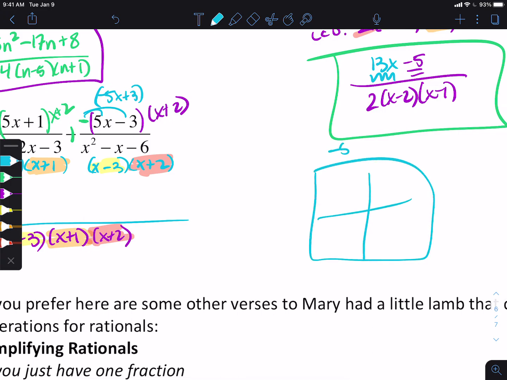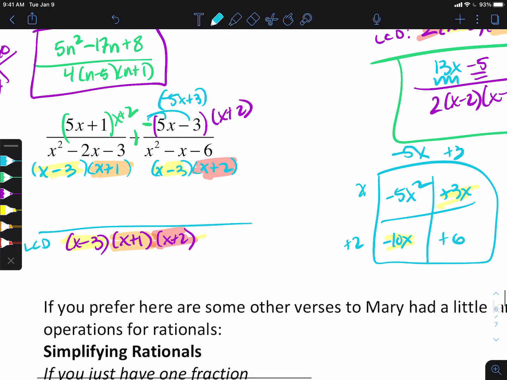So you've got negative 5x plus 3 and x plus 2. So this gives us negative 5x squared plus 3x minus 10x plus 6. So then we have like terms here. So then on the top, we've got negative 5x squared, negative 10x plus 3x gives us negative 7x plus 6.